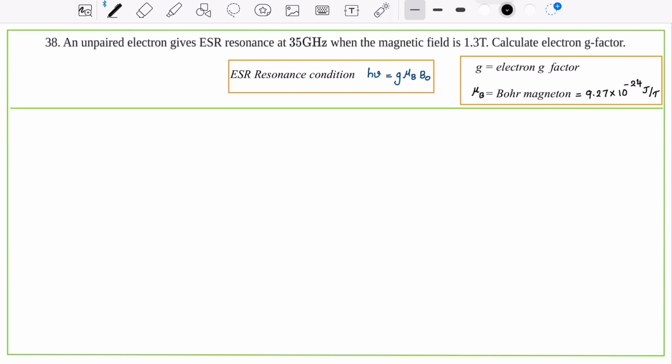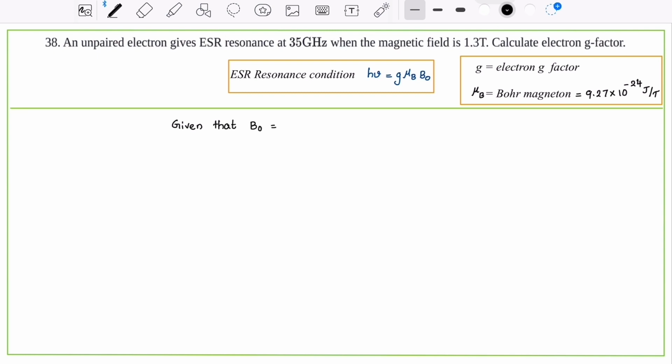We know that the resonance condition for ESR is hν is equal to gμ_B B0, where g is the electron g factor and μ_B is the Bohr magneton given by 9.27 × 10^-24 joule per Tesla. From this equation, we can determine the electron g factor.